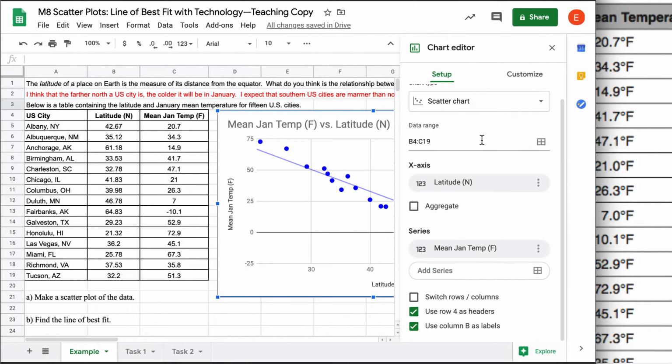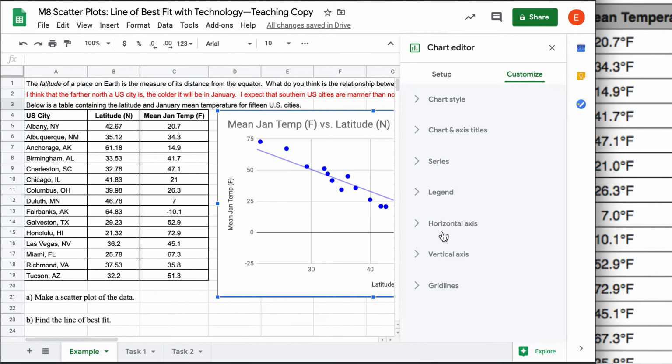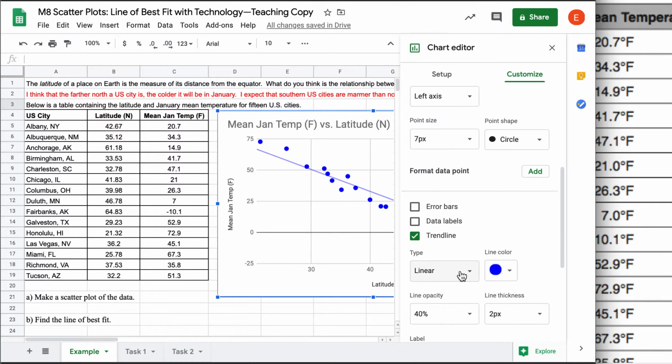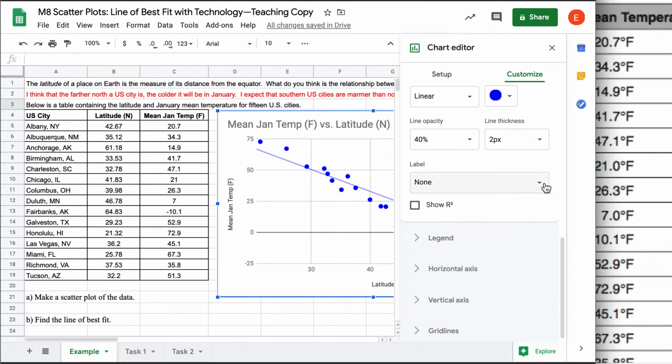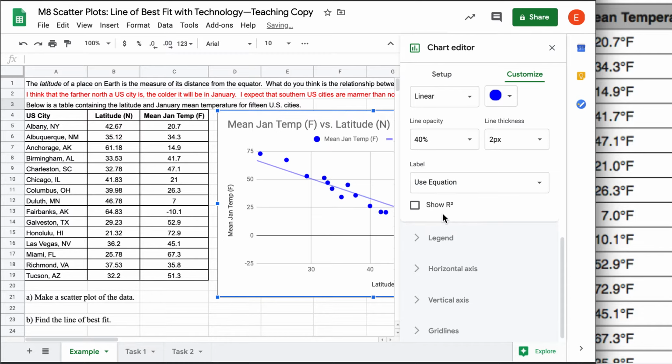So going to customize series. After picking trend line, we do want it to be linear. There are other options, but we're only dealing with linear right now. And we're going to label it with the equation, and we're going to show the r squared for that as well.